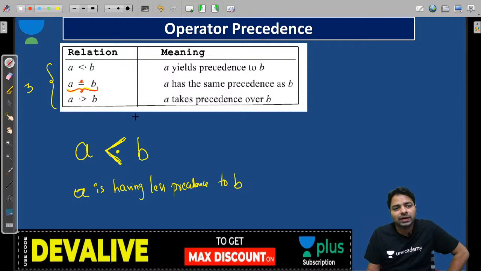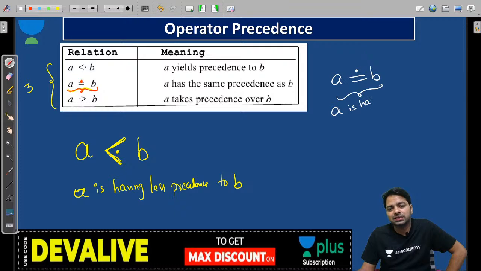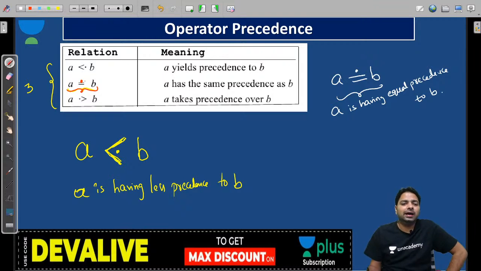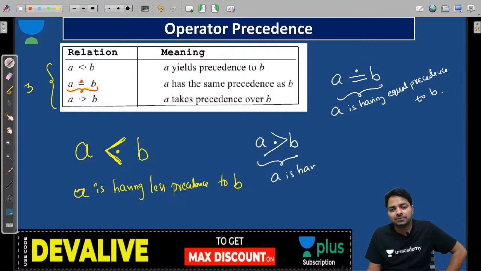A equals B, but the dot is there to talk about precedence, meaning A has equal precedence to B. And similarly A takes precedence over B means A has more precedence, and somebody writes the greater than symbol along with the dot, meaning A has more precedence than B. Okay.